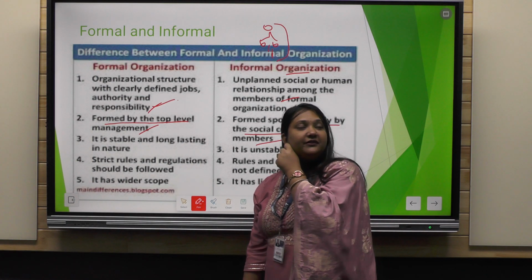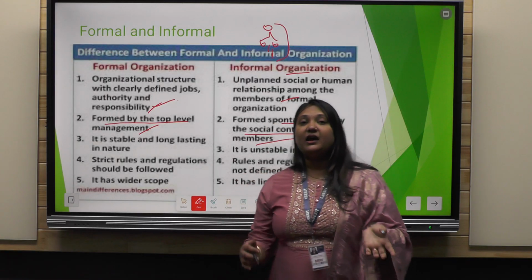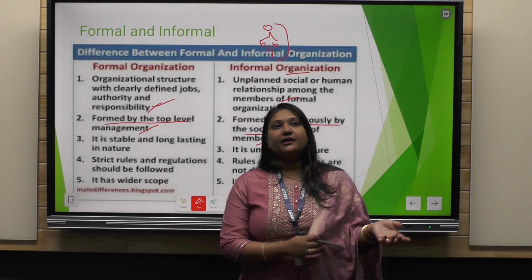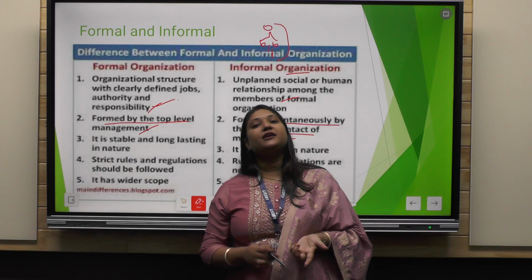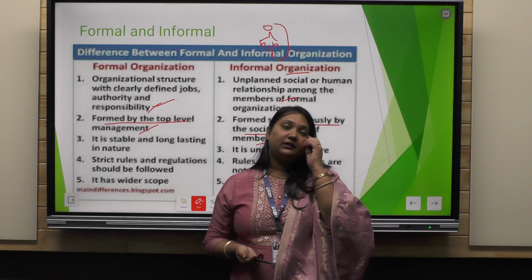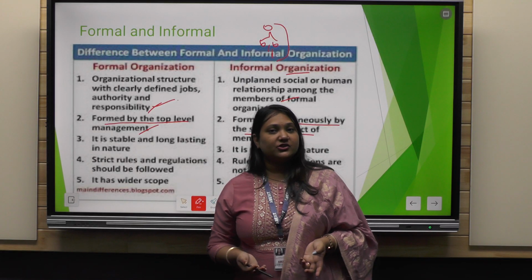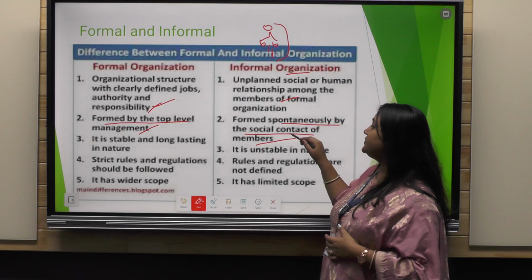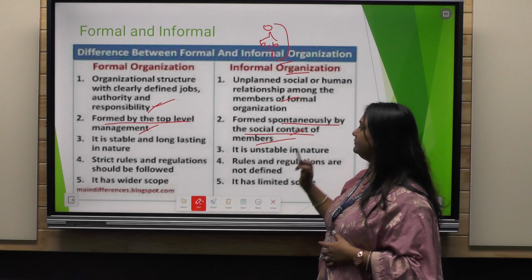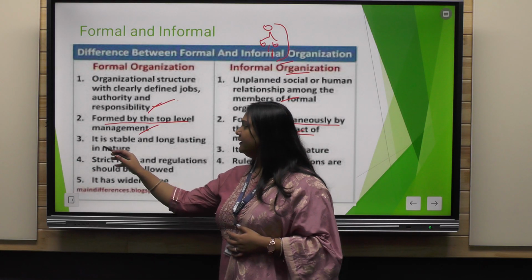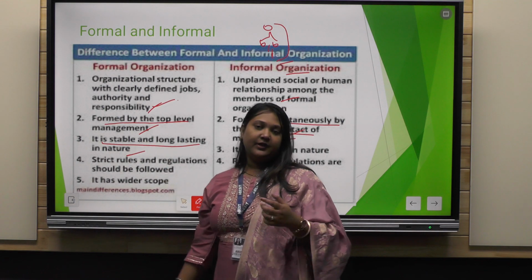We have different types of people and relatives in our organization also. If there is a relative, I can give tasks to him, I can promote him, I can do partiality in a particular organization, because this is a casual way of doing, so it comes in the informal organization.